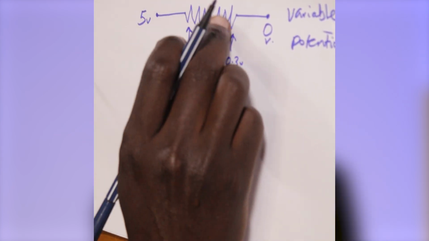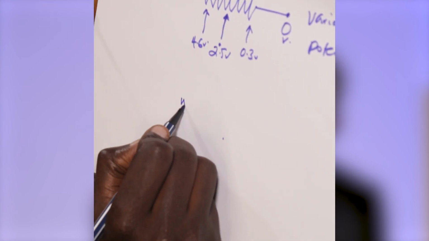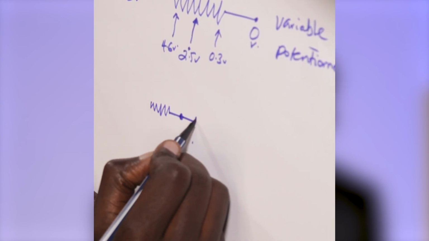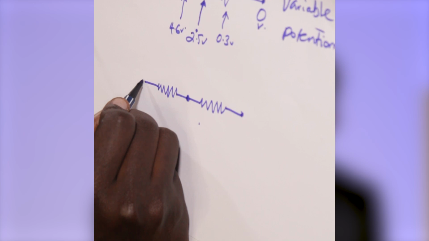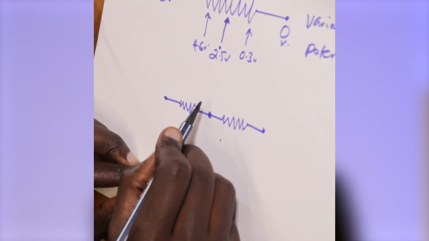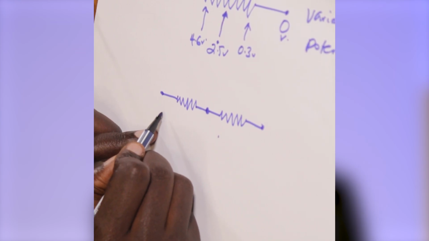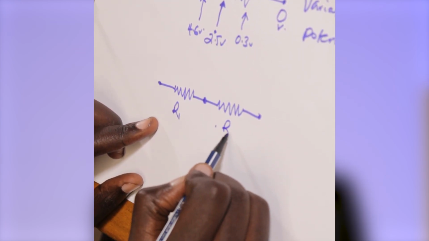Now, if you break this down further, you're going to have a circuit that looks like this. And now what's happening is that you have basically created 2 resistors in series. And at any specific point on this line, you have a resistance value 1, resistance value 2.